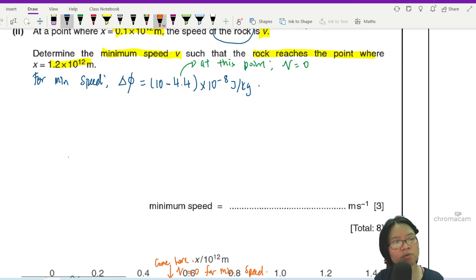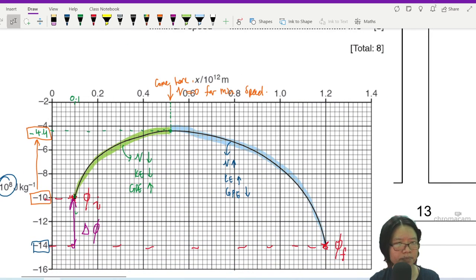So from here I can say the change in KE is still equal to the change in GPE, but now I'm looking at this point, 0.1, to this point. To make my life easier, I'm going to find this value. This is 0.52.